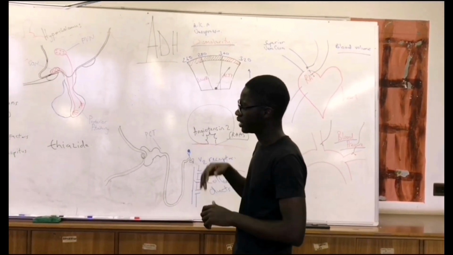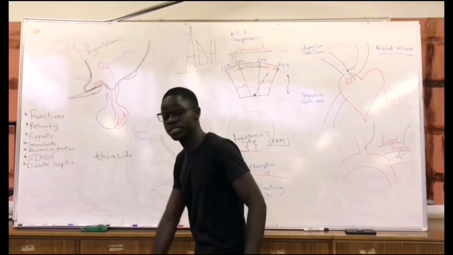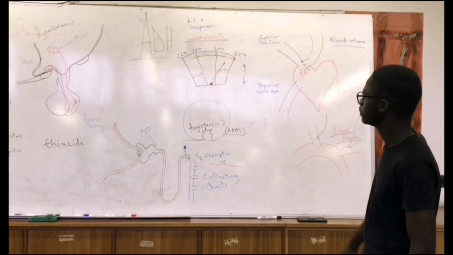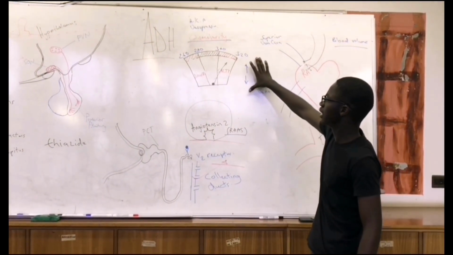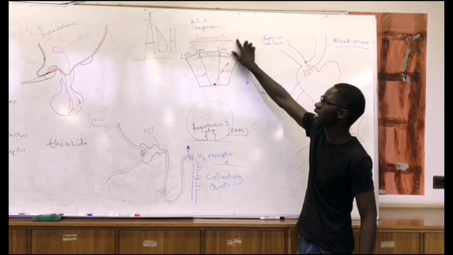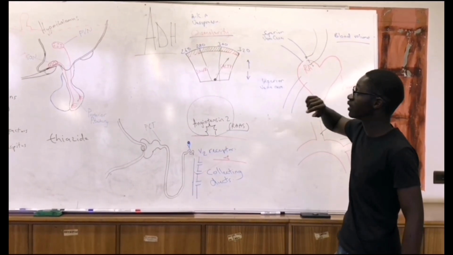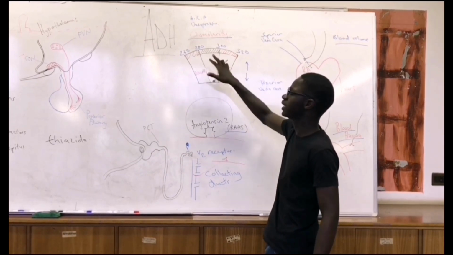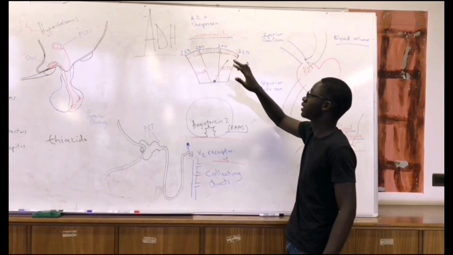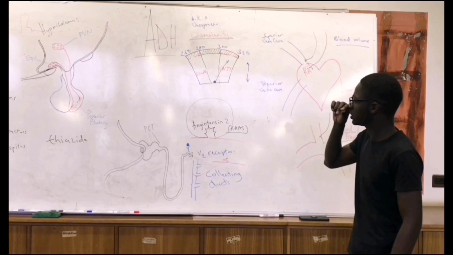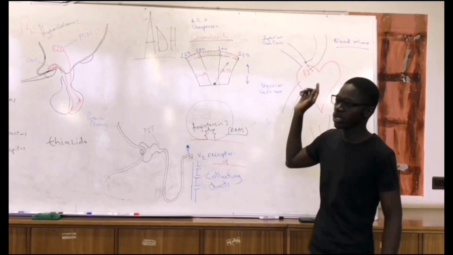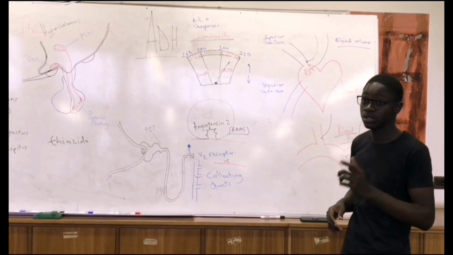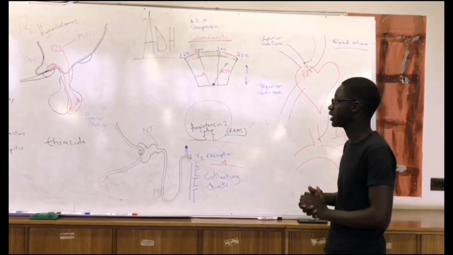Now, we also see that there are factors which stimulate its secretion. As you can see in this diagram, I've written osmolarity. The normal osmolarity of blood is roughly between 280 to 300 milliosmoles per liter. Whenever there is a decrease or an increase in this osmolarity, there's an effect on ADH secretion.